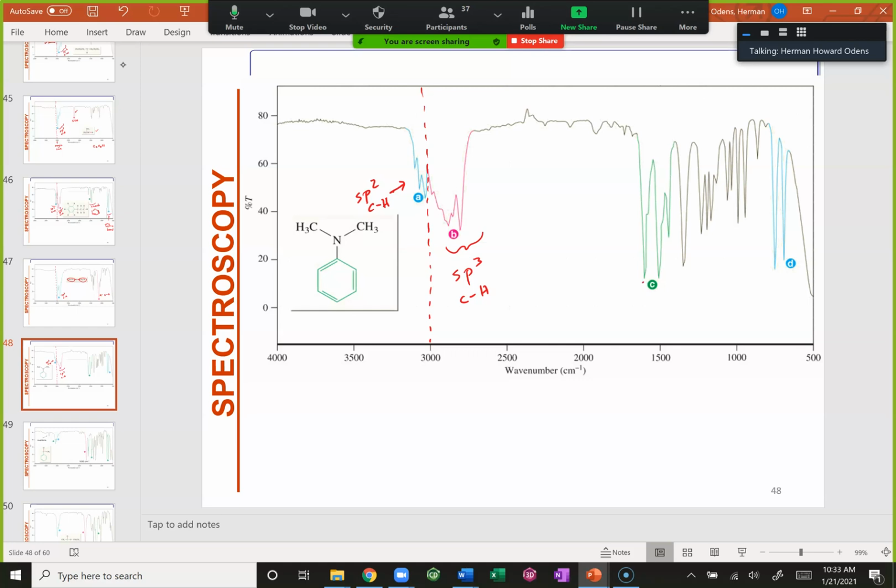Here's my 1, 2, 3, 4 bands. Sometimes you might have 2 bands. Sometimes you see that they start combining here or here. In this case I only see 3 of them, but it's anywhere between 2 to 4 bands. And so here are your C double bond C bands. And right here you will have your CH band.